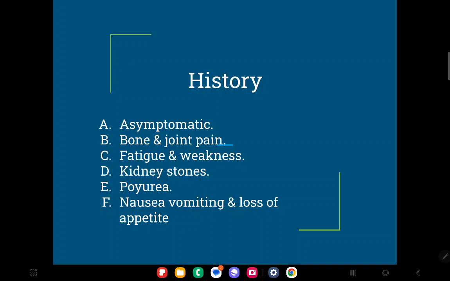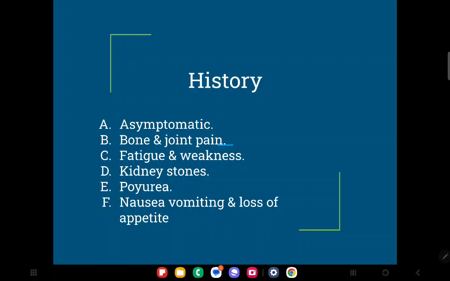If you want to diagnose hyperparathyroidism, or disease of the parathyroid, earlier on the disease might be asymptomatic. In mild hypercalcemia, the disease might be asymptomatic.